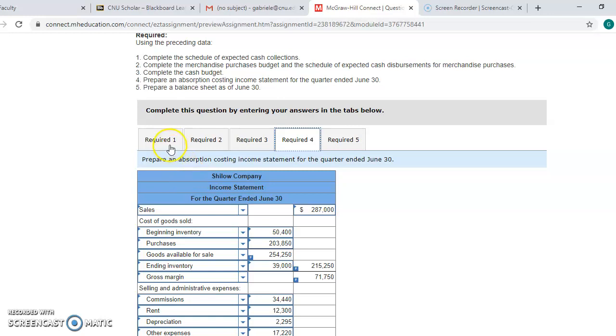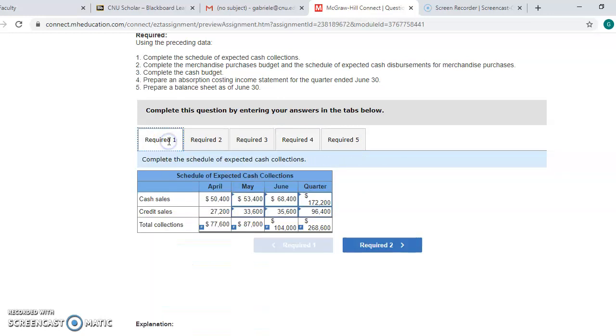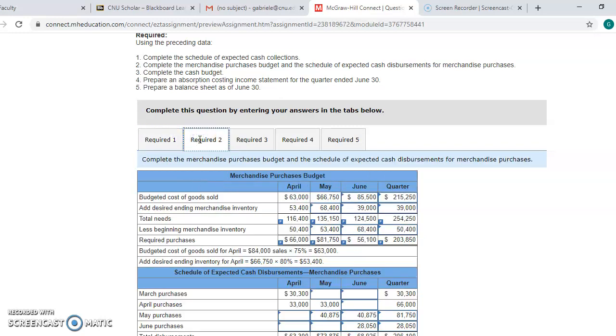Let's take a look where we get these numbers from. We're looking for beginning inventory. It's coming from right here. Our beginning inventory for the quarter was 50,400. Our ending inventory for the quarter is 39,000.